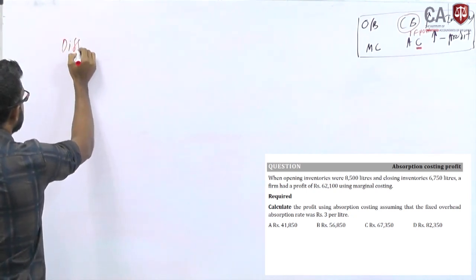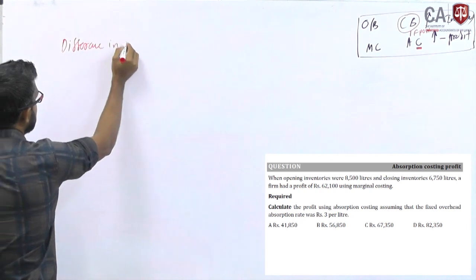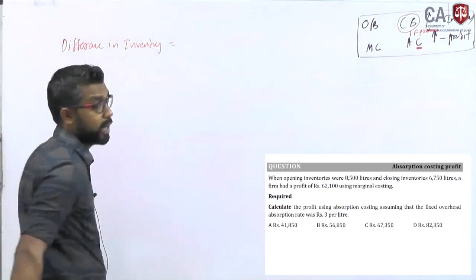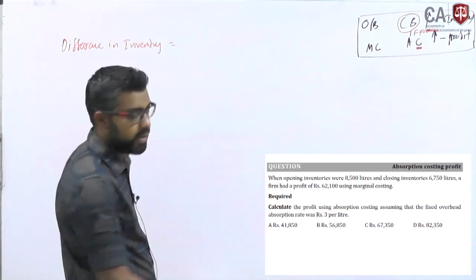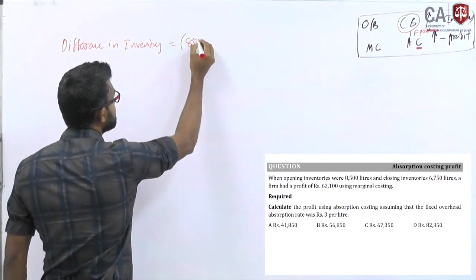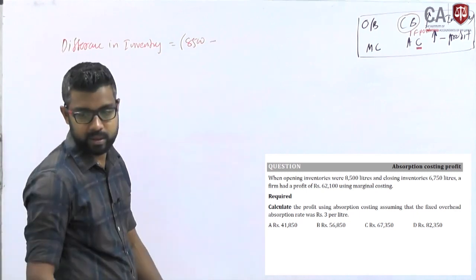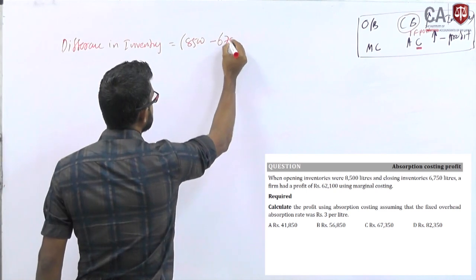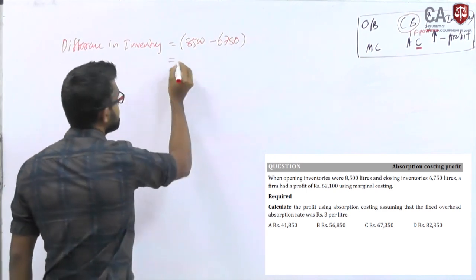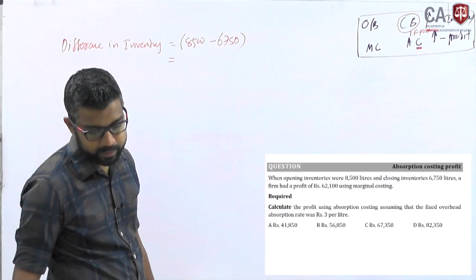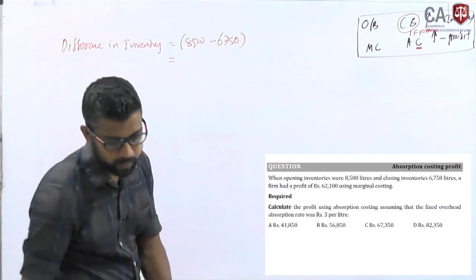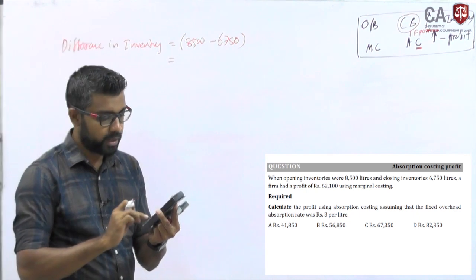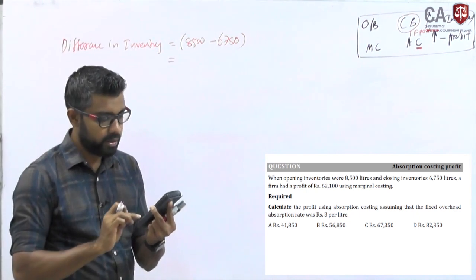The difference in inventory, you have to calculate. 8,500 minus 6,750. How much? 8,500 minus 6,750.